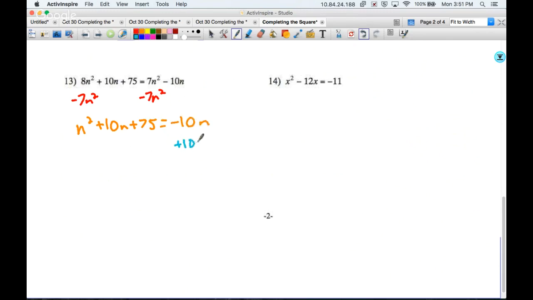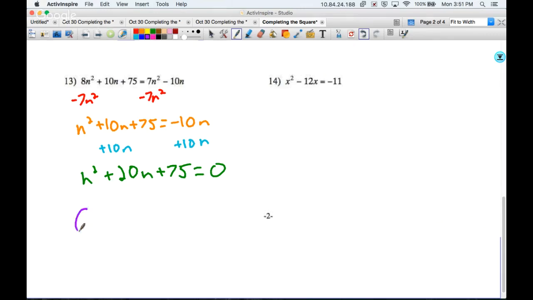Now I'll add 10n to both sides. Now we would not be able to do completing the square if we didn't have a b value. It just wouldn't really quite work. Also, it wouldn't be the appropriate method because we could just solve by taking square roots. Here we do have a b value, but just wanted to point that out.